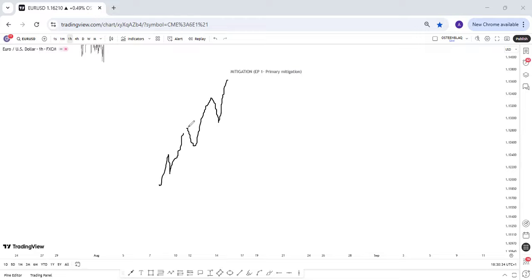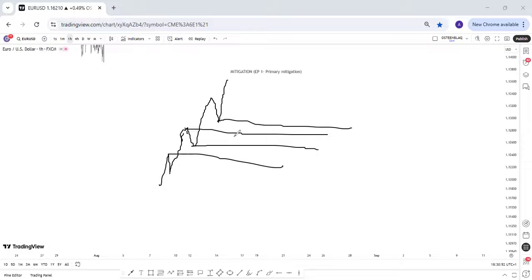This is an ideal situation and this is an unideal. Let us start from unideal. This is an unideal situation in the market where support didn't mitigate resistance. Support doesn't mitigate resistance here, so this is an unideal situation in the market.